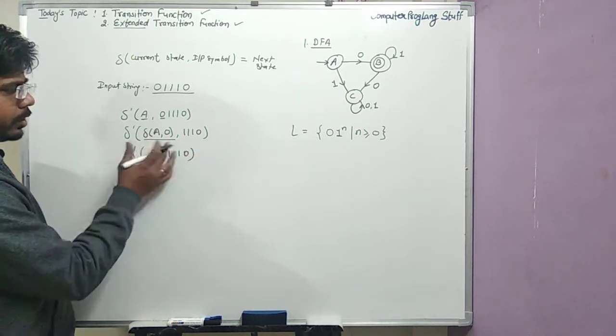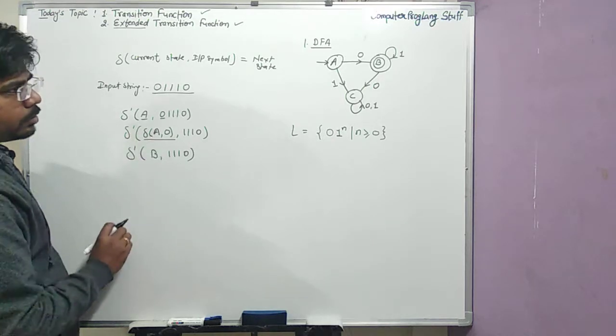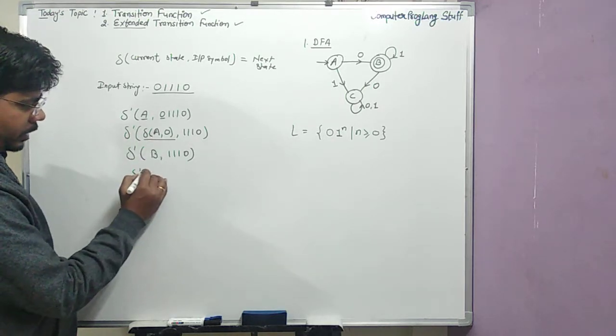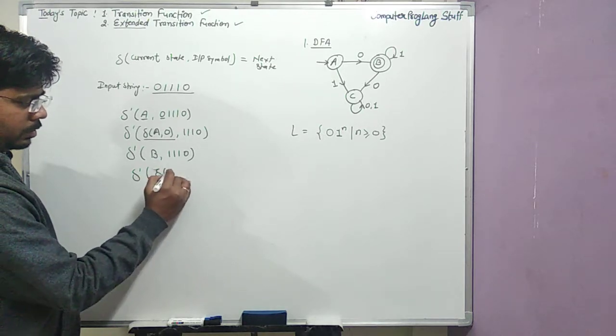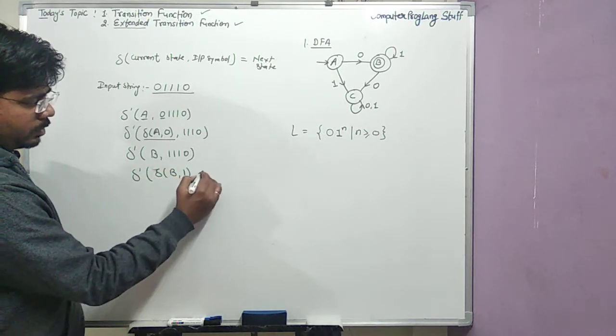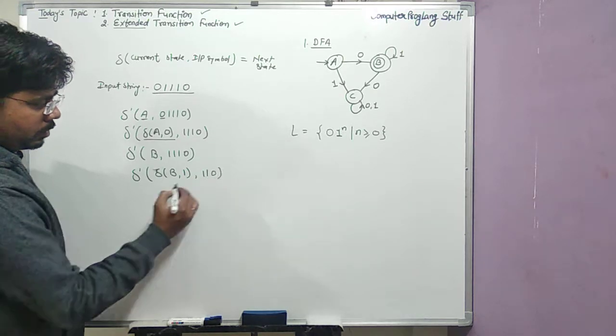That is how we proceed, and similarly we go through delta dash of B with 1, and the rest is 1 1 0.